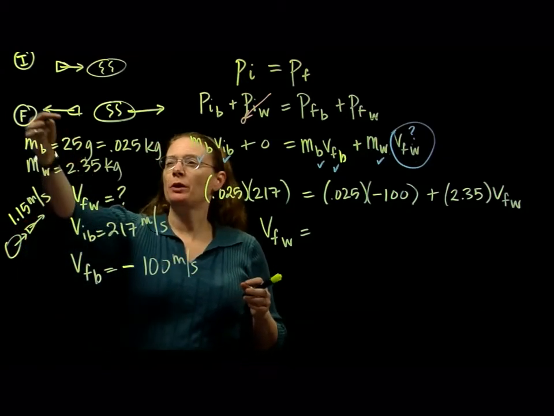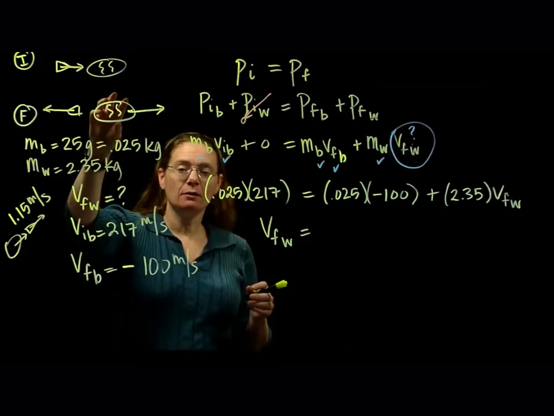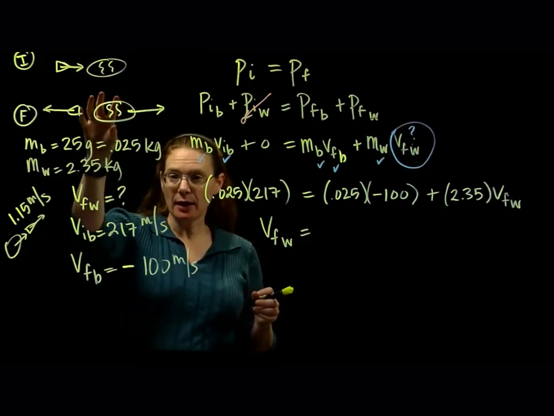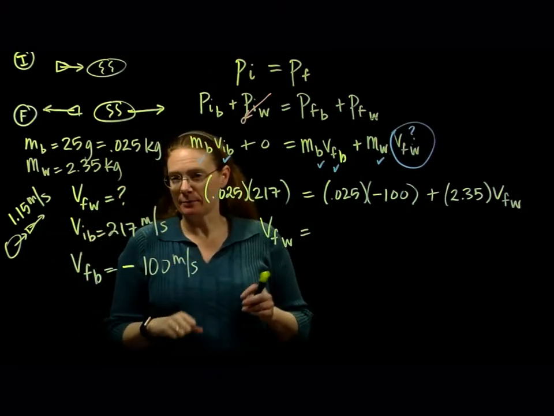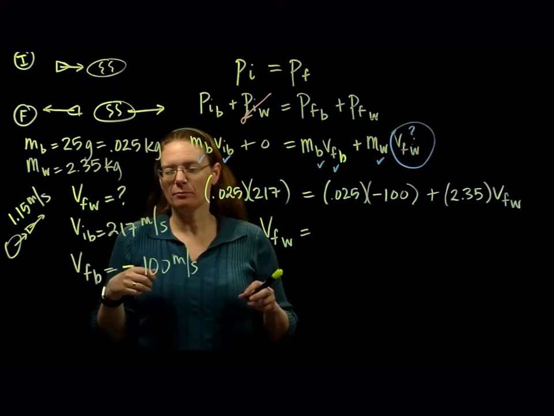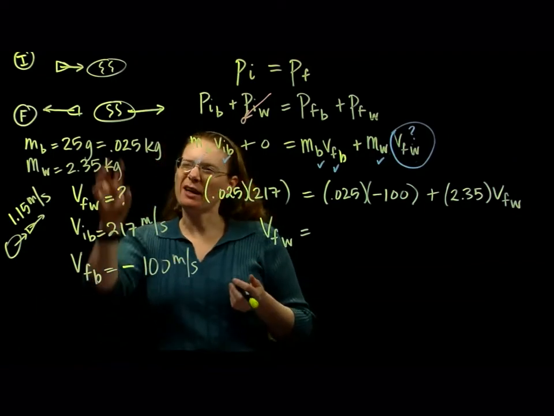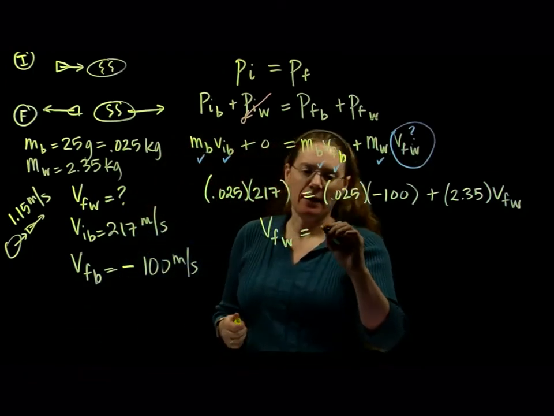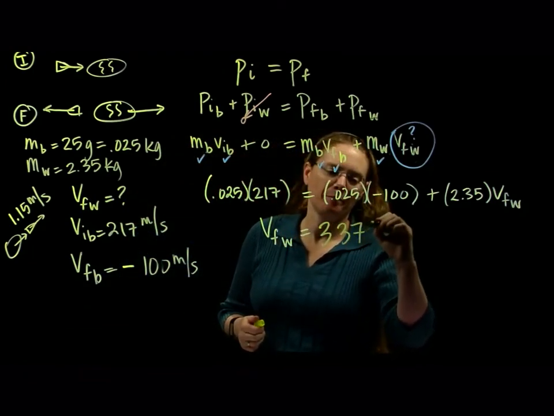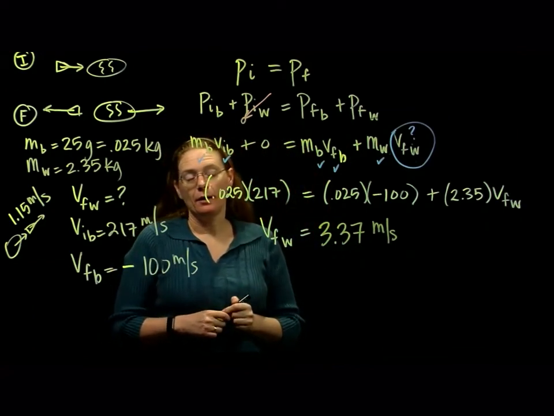So when the bullet bounces off, does that give more velocity to the watermelon, less velocity to the watermelon, or the same amount? So give that a thought. Make your prediction. Think about, well, this is my gut response. Does that match with what I'm kind of thinking about this? Okay, let's see. And then we do the math, and what we come out with is 3.4 meters per second.